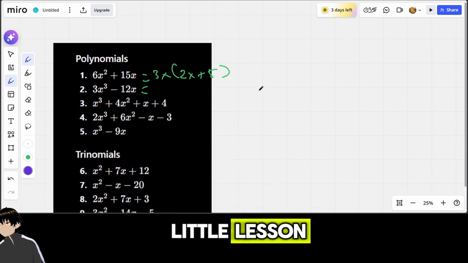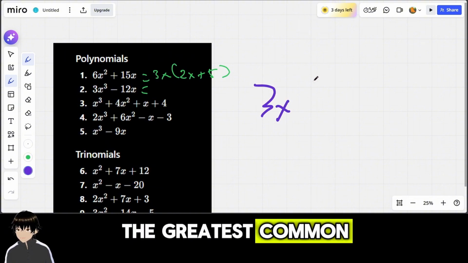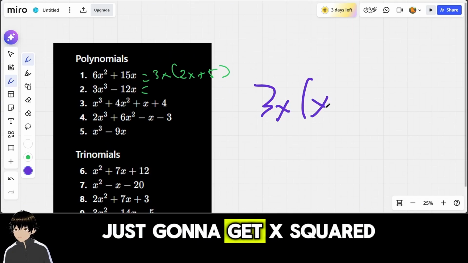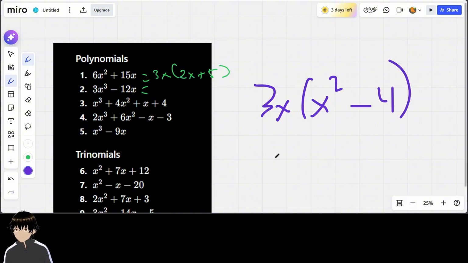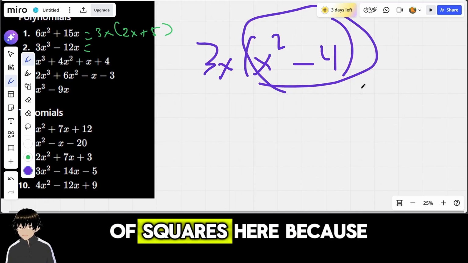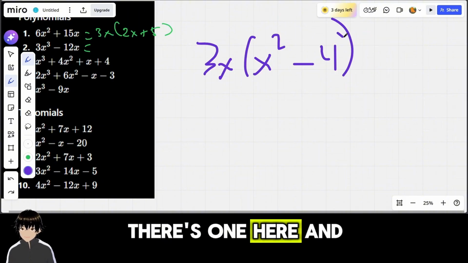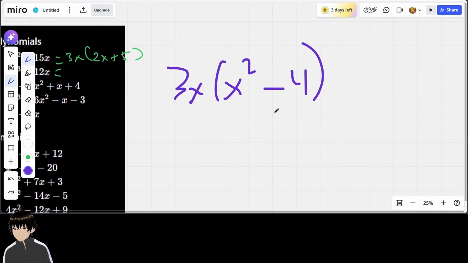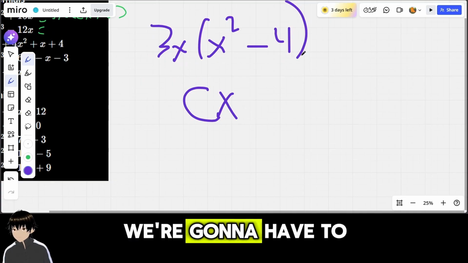Okay, the little lesson. So the thing that I did was that I factored the greatest common factor, and if you divide that here, you're going to get x squared minus 4. So there's a difference of squares here, so we're going to have to factor it further.